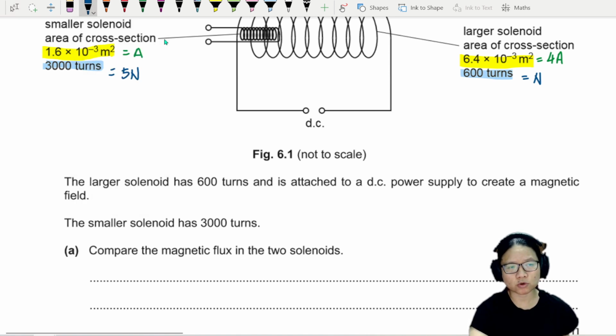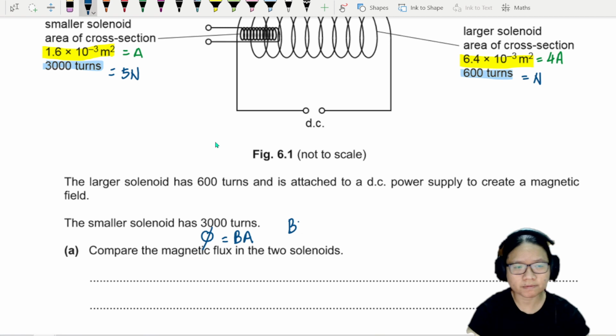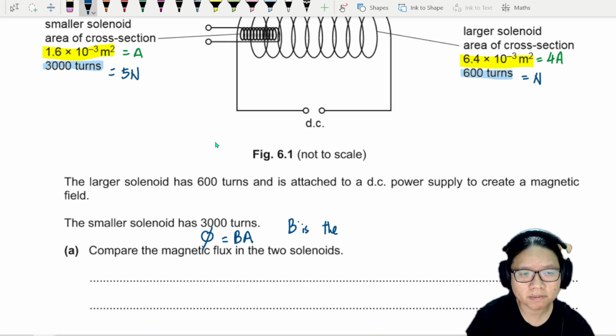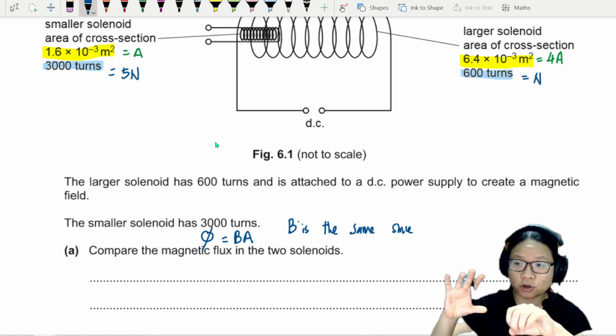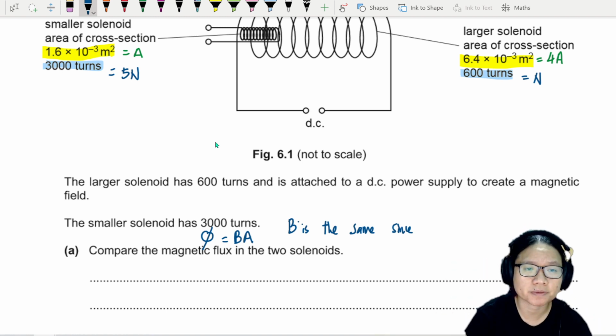So what is important to know is that the magnetic flux can be calculated using the equation BA. All right. So we do have B. B is equal, or is the same, since the small solenoid is inside the big solenoid.